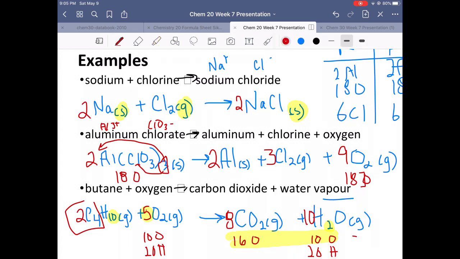We have a total of 26 oxygens being produced now. I only have 10 at this point. So I'm going to have to go back and say, nope, there's not going to be 5. I need to have a total of 26 instead. What times 2 is 26? 13.